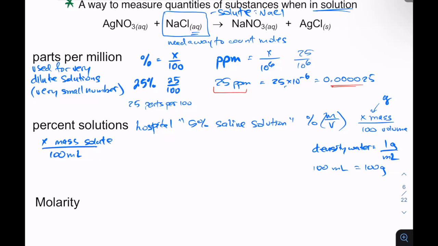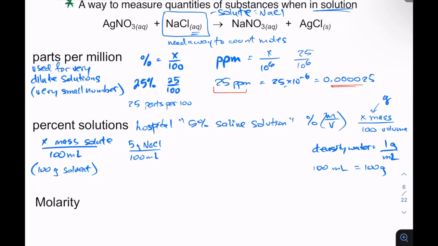So that's why it's divided by 100 milliliters of water, because that's really giving you 100 grams of the solvent. All right, so let's take a look at that 5% saline solution. That means we have 5 grams of sodium chloride per 100 milliliters. That's what that means. 5% saline solution.